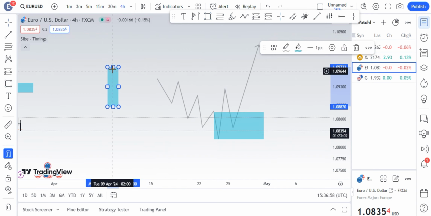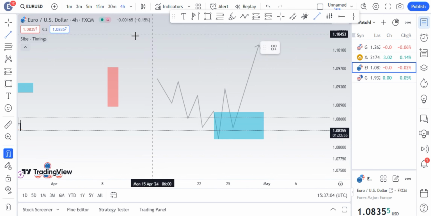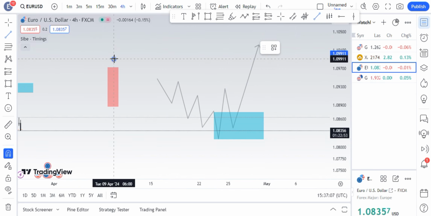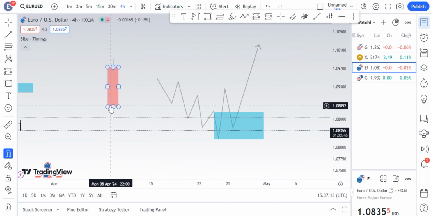Let me change this color so I can make my illustration clearer. So we have, let's say, this candle opening right here, then making this high and pushing all the way to the downside.